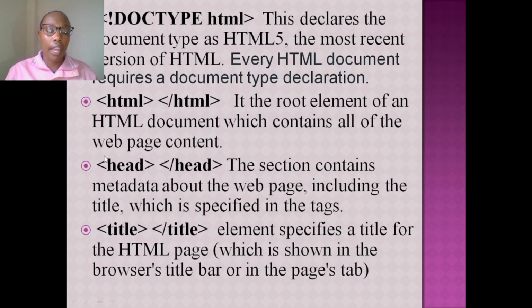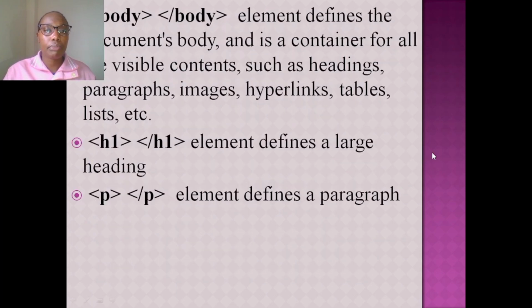Then we have the head, and this section contains metadata about the web page, including the title, which is specified in the title tags. The title is an element that specifies a title for an HTML page, which is mostly shown in the browser's title bar or in the page tab.